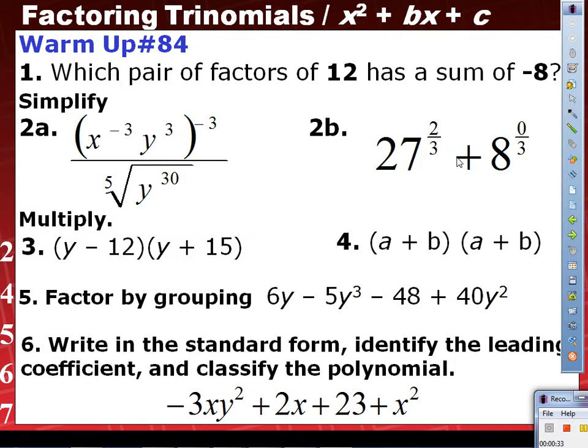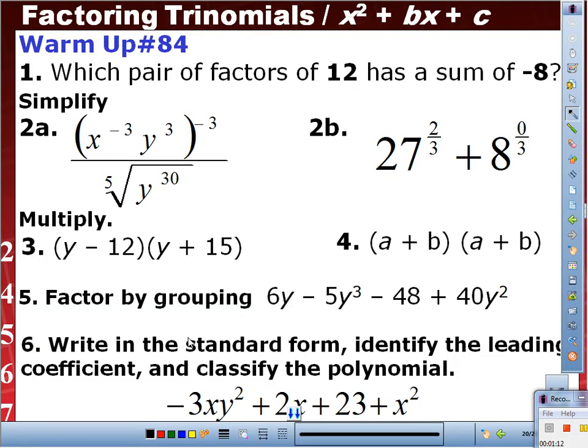I'm going to go over the warm-up. Number 1, look up to the screen. Which pair of factors of 12 has a sum of -8? Let me go over the process because I still sense some of you are having difficulty with this one. First, start with the factors. What does the term factors mean? Two or more numbers that multiply.